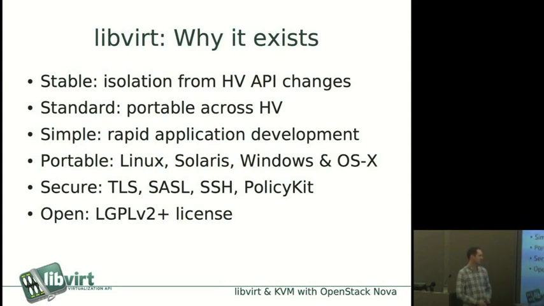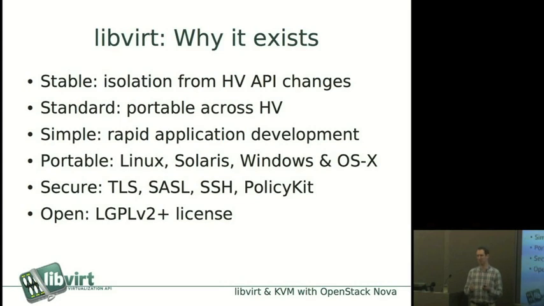Some of the key points about Libvirt are that it's agnostic to the underlying hypervisor. It's a fairly simple API to get up and running with. If you look at something like the Xen virtualization API, it's an enormous object model. You have to do a hell of a lot of work just to do very simple things.